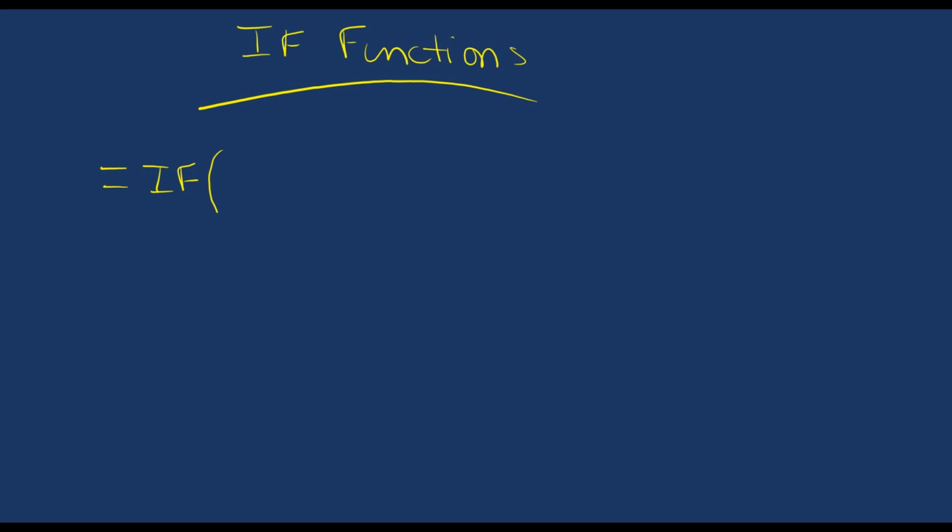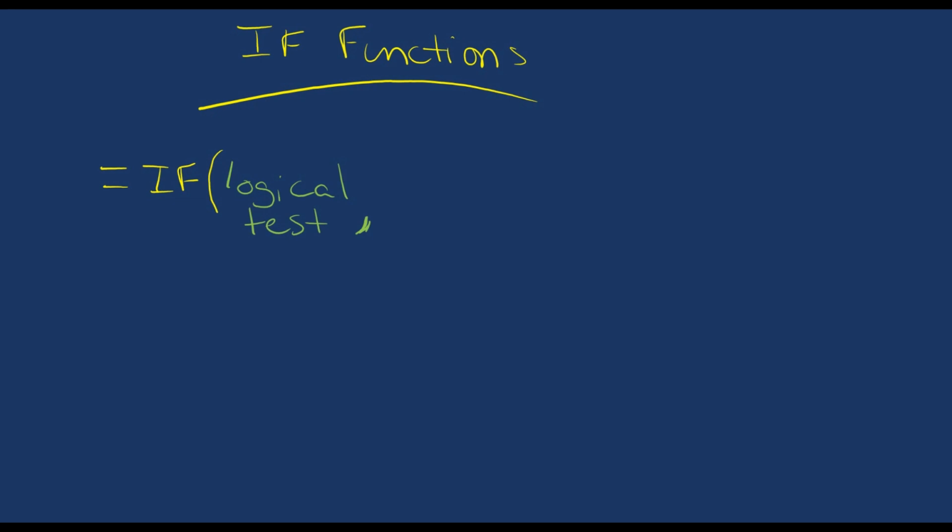Let's see. Over here, first section is our logical test. And very important, we need a comma after that. Secondly, the computer is going to be making a decision, so we need to make sure that we have the appropriate pieces.